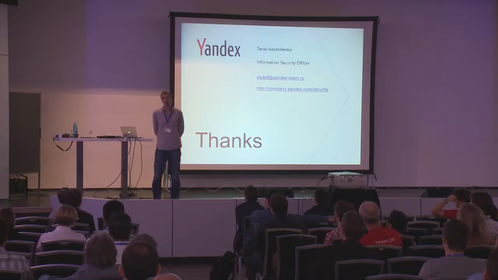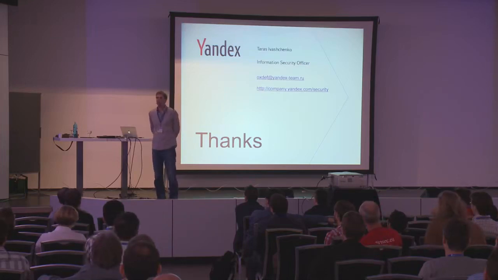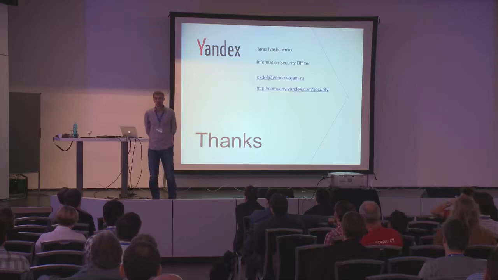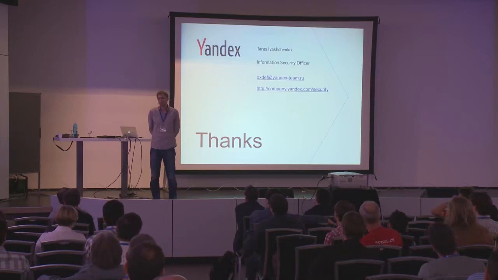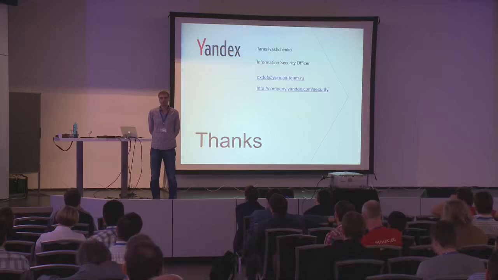In my experience, it takes a lot of effort to implement content security policy if your web application has a lot of JavaScript and a really rich user interface. So it's much better to implement it at the first stage of development of a web application.